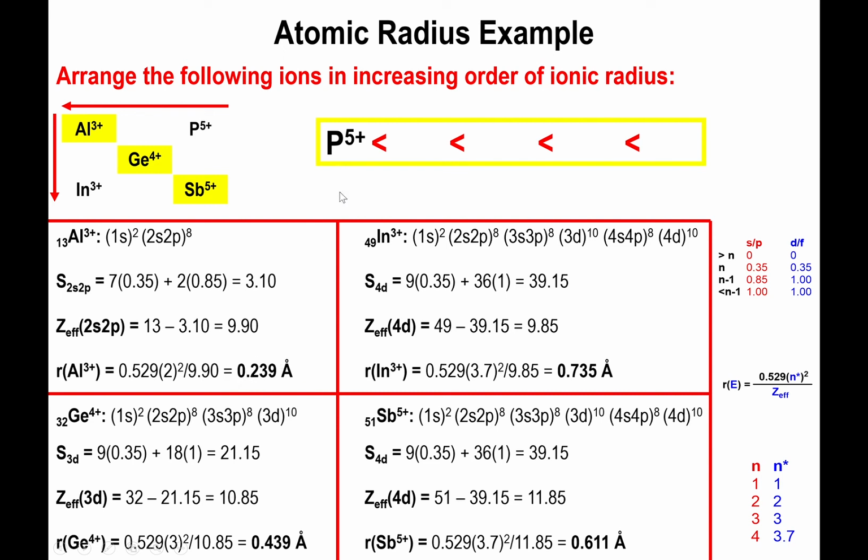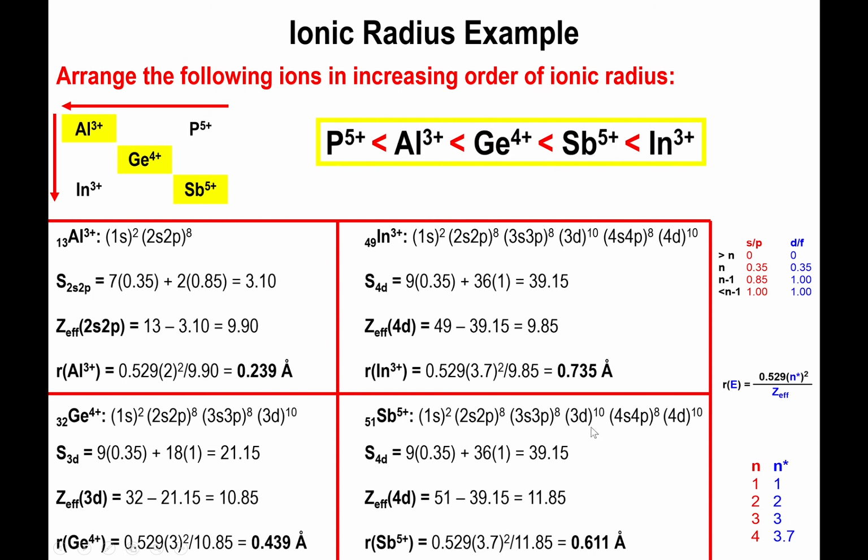After aluminum 3+, the next smallest is germanium 4+, which is 0.439 according to this, and that will be followed by antimony 5+, which is 0.611, and that will end with indium 3+, which is what we predicted to be the largest ion in the series. So Slater's rules present a really neat way of looking at this.